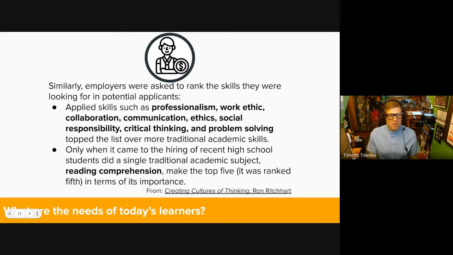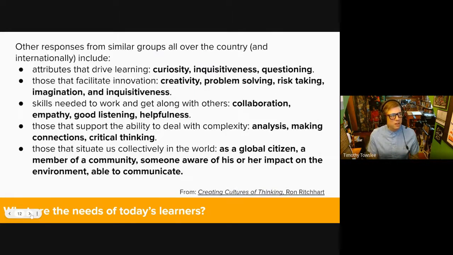But this list of employers also included some parents, and these were other groups from all over the country that included parents and teachers, college professors, and a number of other folks, and they were looking for very similar skills when asked the question, what kind of adults do we want our students to grow into? And the skills were almost identical, verbatim, but a couple of them, curious, problem solving, risk takers.